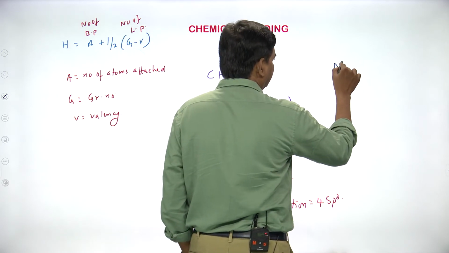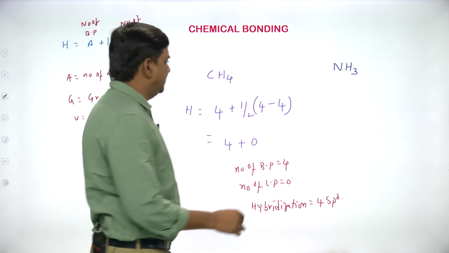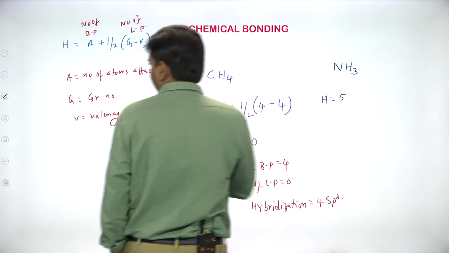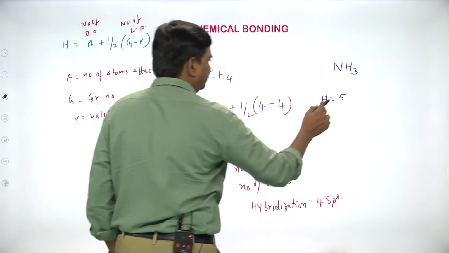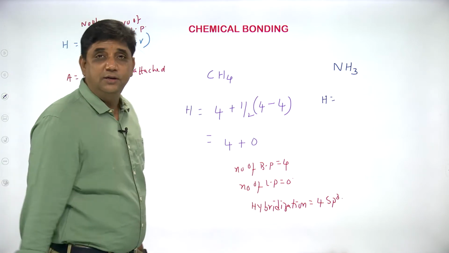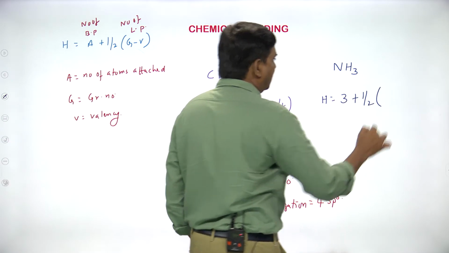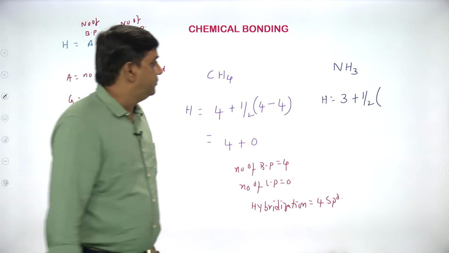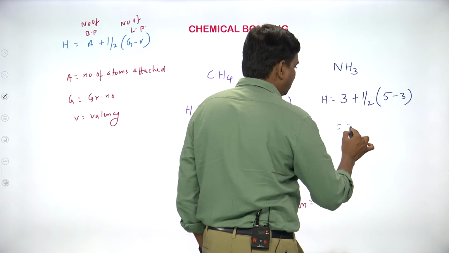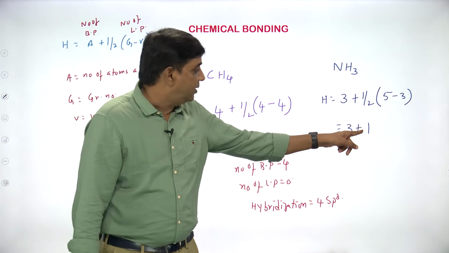Now NH3. Hybridization is equal to 3 plus half into the group number of nitrogen, 5, minus 3, which is 3 plus 1. So the number of bond pairs is 3 and the number of lone pairs is 1.